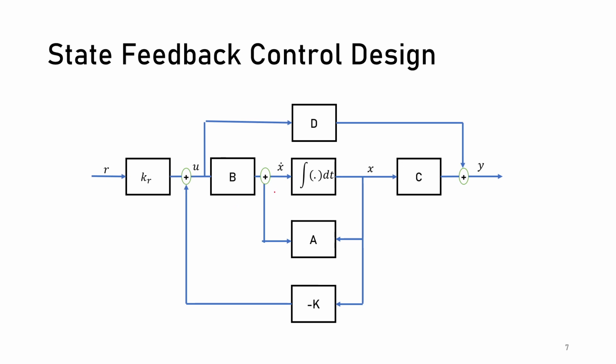I will elaborate the convergence, how we choose the right value of K and KR, later. So here, let's assume that we know A, B, C, D, K and KR. The desired reference R is lowercase r here. Then we can simulate it to find Y.